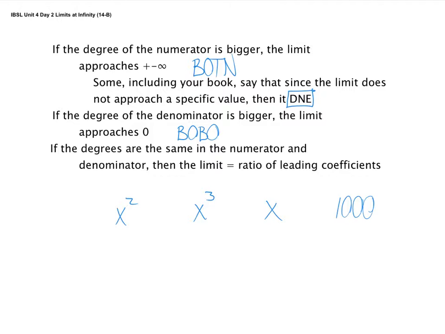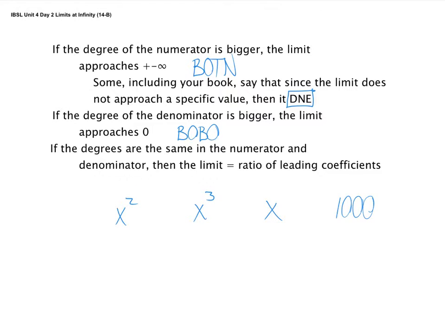X just becomes whatever x is, but it's only going up by 1 at a time. Your squares increase a whole lot more at a time. We're going from 1 to 4 to 9 to 16 to 25 to 36, 49. It's increasing much faster than just 1, 2, 3, 4, 5, 6, 7. But the cubes go even faster. They're going from 1 to 8 to 27 to 64 to 125 to 216. Oh wait, no, 243. I think that's 7 cubed.